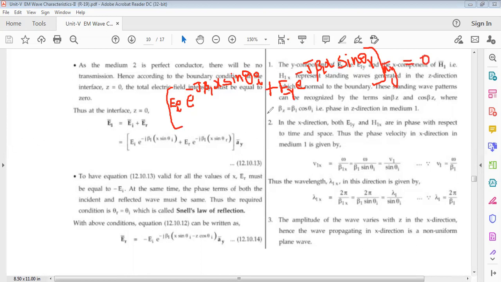Because at z equal to 0, on the right hand side, there is no transmission.